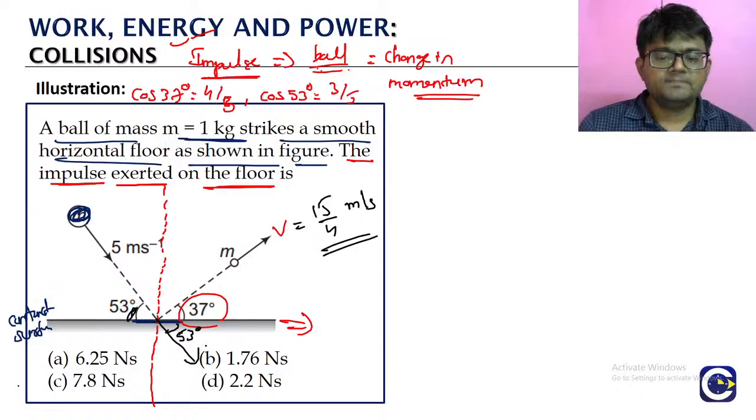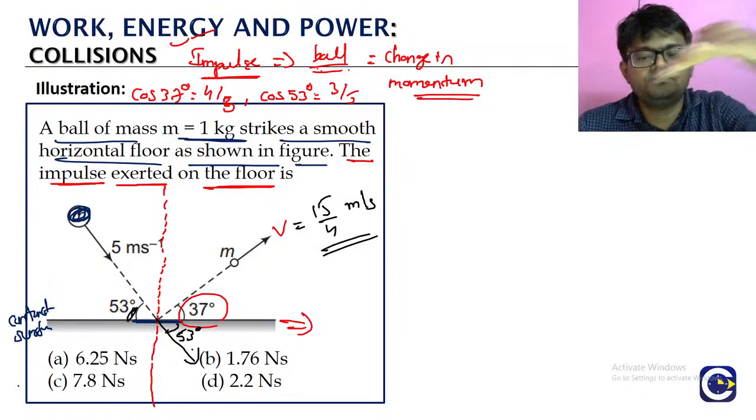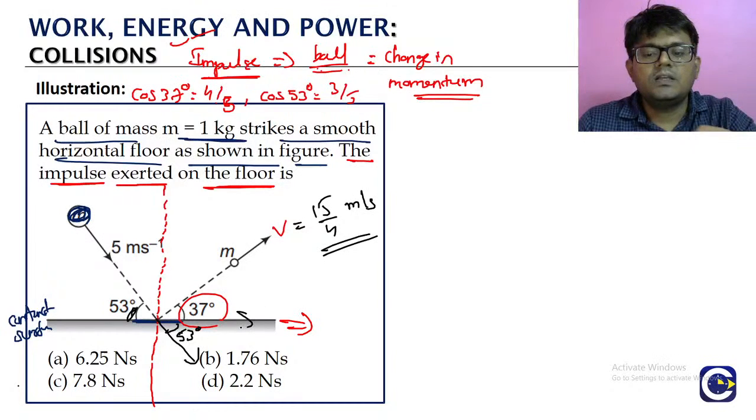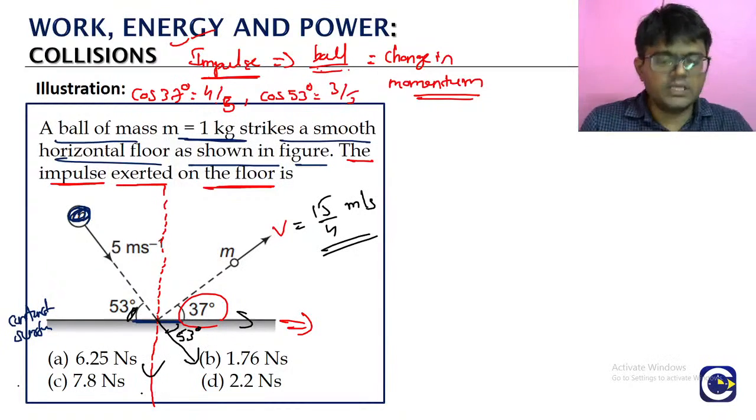Look at this. The initial velocity is 5 meter per second; its component along the surface is 5 cos 53. Already we saw that. What about the component along the normal? 5 sin 53.